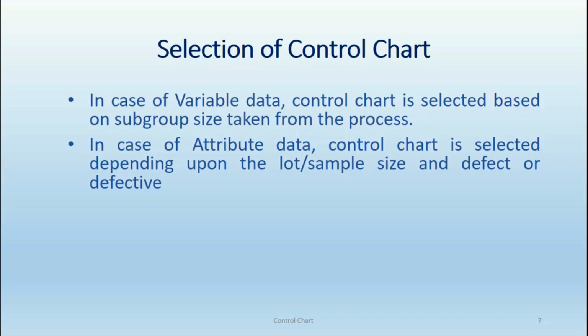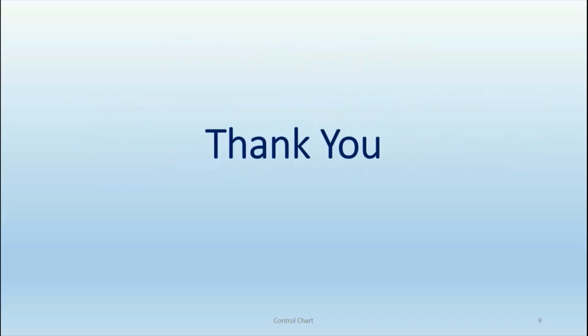If you are monitoring defects and your lot size is variable, then you have to select the U chart. And if you are monitoring defectives and your lot size is variable, then you have to select the P chart. So now I hope you have understood when to select which chart when you have attribute data.